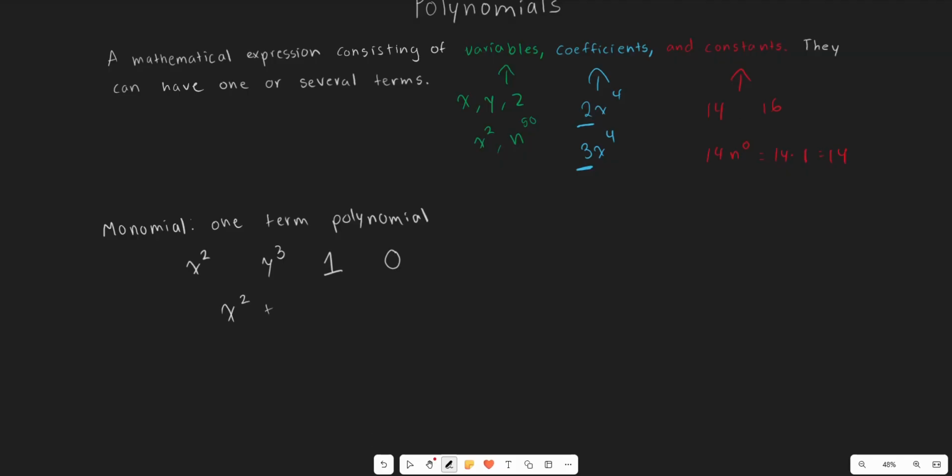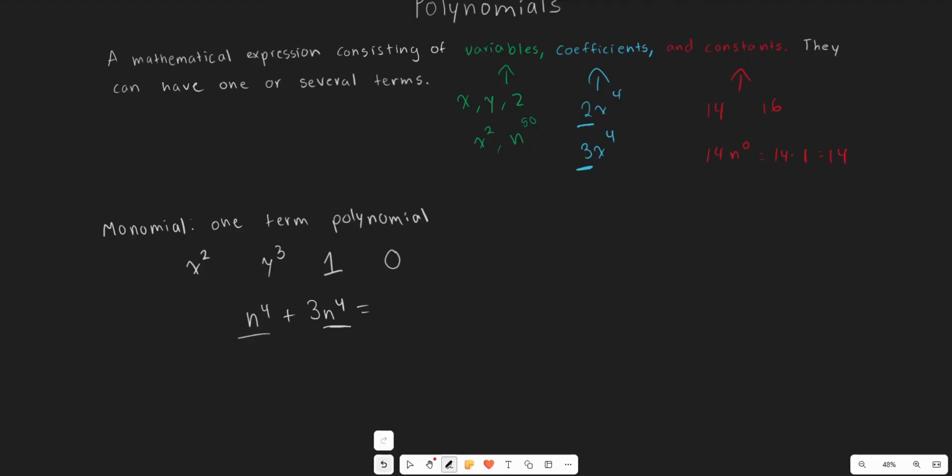So, for example, let's try n to the 4th, and we have 3n to the 4th, and we want to add these. So basically n to the fourth, and there's another 3 n to the fourth.